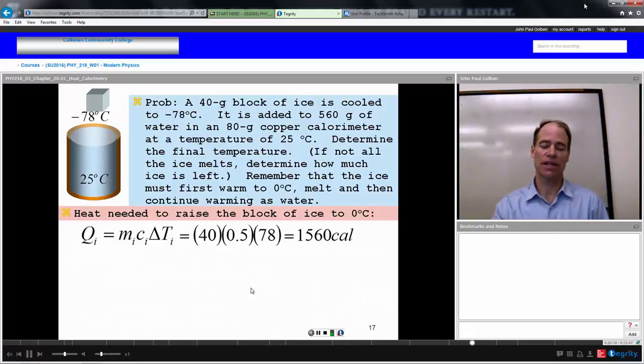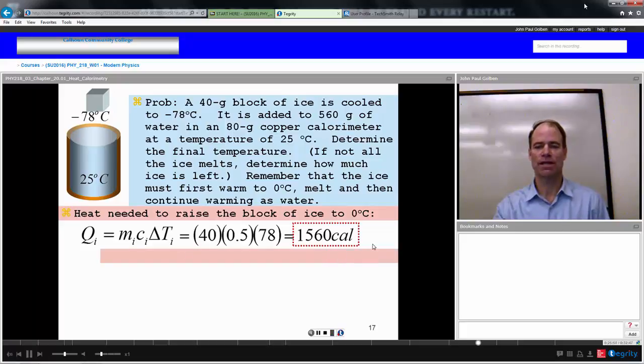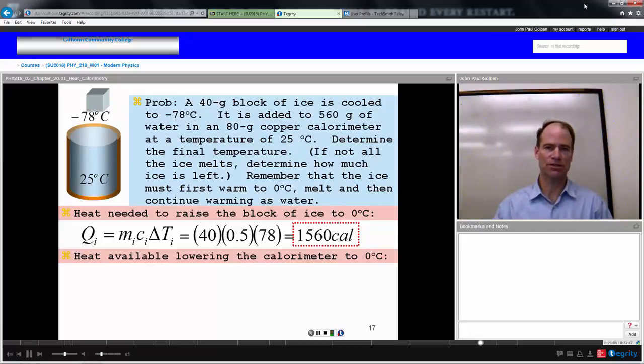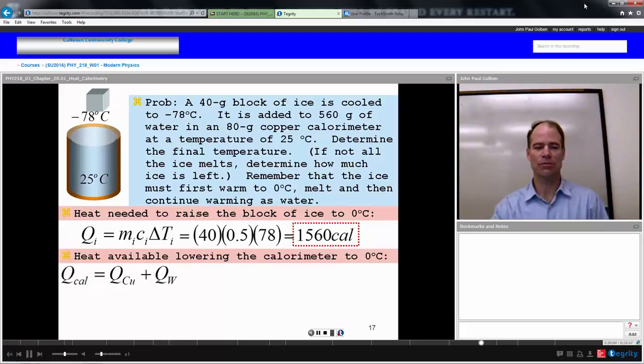The specific heat of ice we'll use as 0.5 calories per gram per degree Celsius, and we wish to change it 78 degrees, from minus 78 up to 0. That's going to be 40 times 0.5 times 78, or 1,560 calories. We're going to need that much to do it. How much do we have? Well, if we were to cool the calorimeter and the water down to 0 degrees Celsius, that's the available heat.